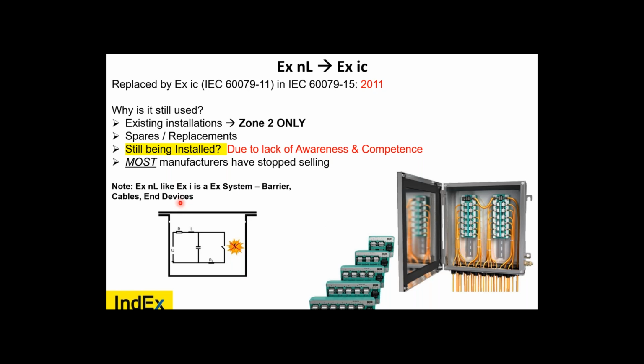So NL, like EXI, is an EX system. This barrier, that barrier is EXNA, which must go into an NA box. But the circuit it's feeding is NL out to the device. But now, all of this would probably become EC with an IC inside.